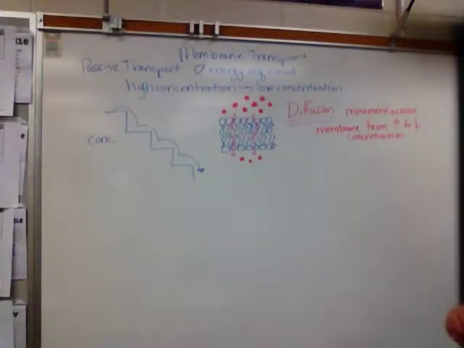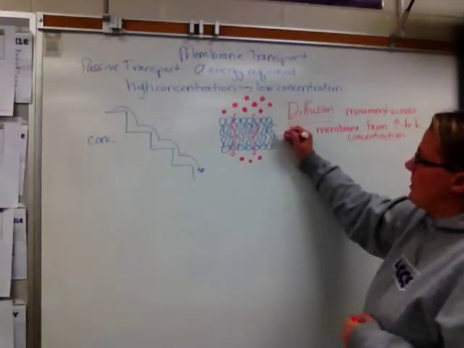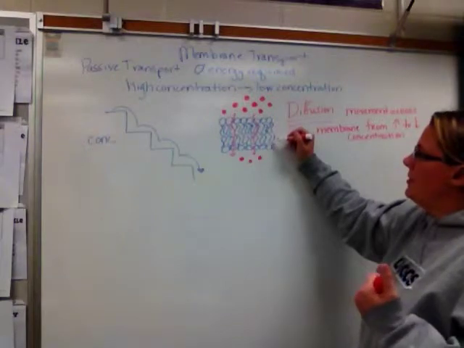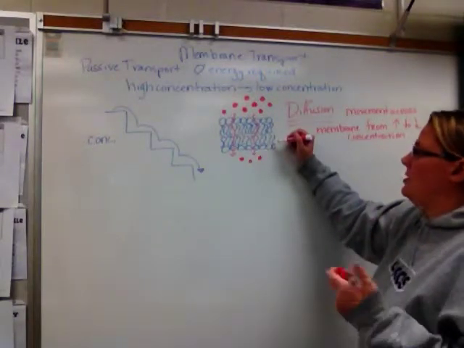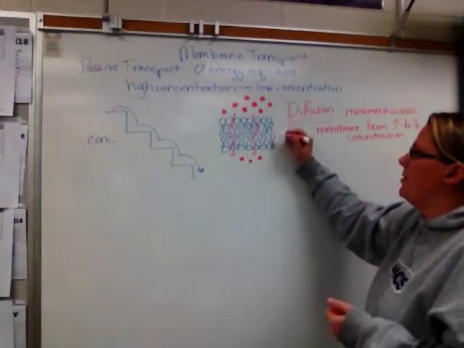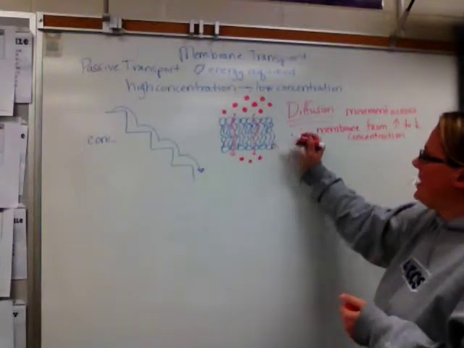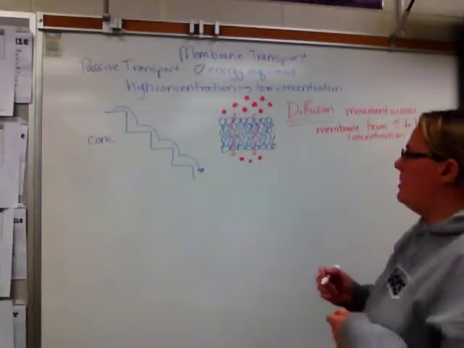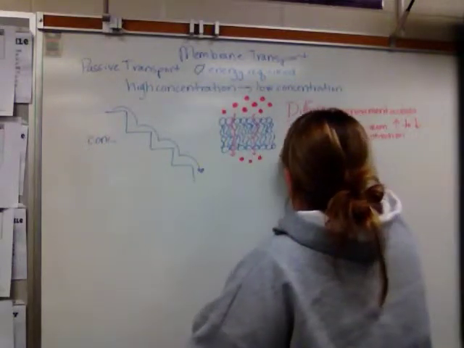concentration. If you remember this hydrophobic lipid bilayer, nonpolar and small things are able to go through the membrane easily. But sometimes that diffusion, because of the chemical properties of the lipid membrane, is going to have to be helped.